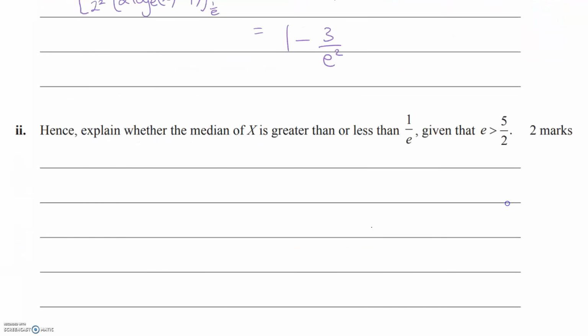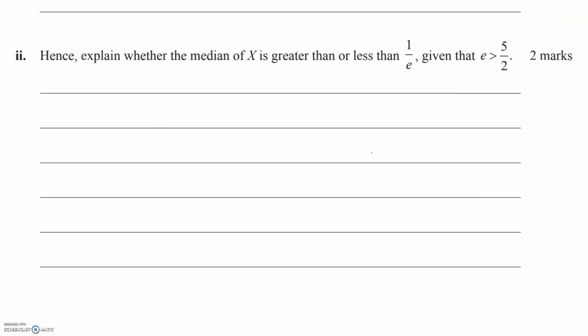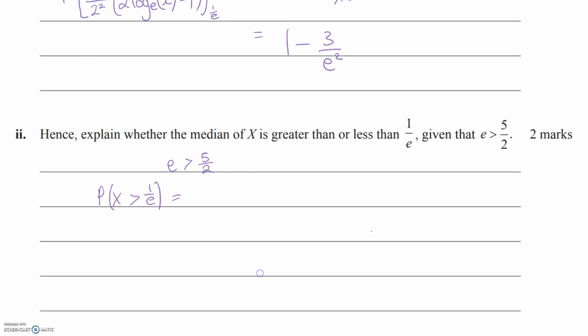Now the final part of the question is pretty messy. You're given that e is greater than 5 on 2. Well, you know that the probability x is greater than 1 on e, okay, is actually equal to what we just got there. So 1 take 3 on e squared.